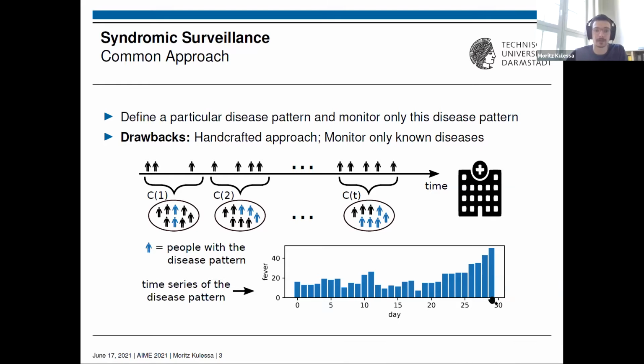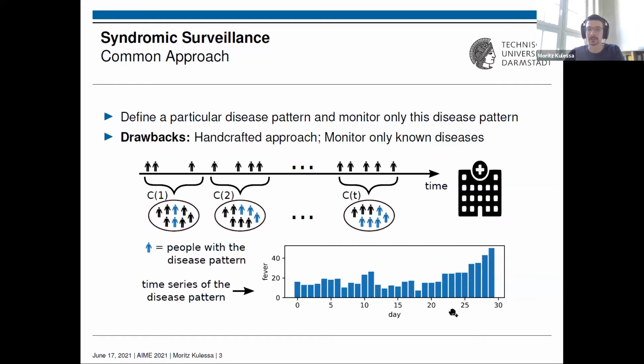And basically what we are then doing, we only take a look at the part of the patients which have the particular disease pattern, count them, and that information can then be put into such a time series on which we can apply statistical algorithms in order to detect any kind of change, in particular an increase of infections, as can be seen here in the last part of the time series, which might indicate an outbreak of an infectious disease.